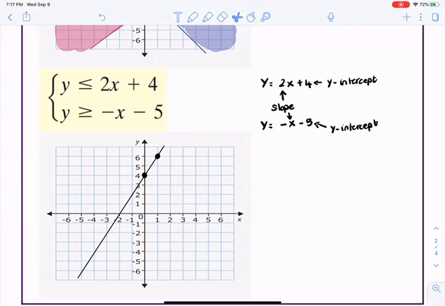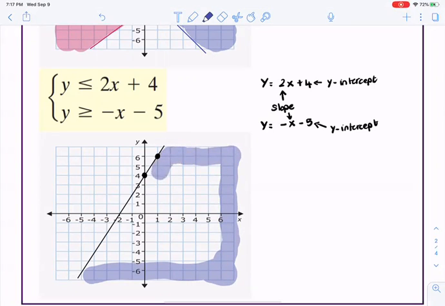And now it is less than or equal to, so we have to have everything below the line. So shade everything below, and we've taken care of the first line.